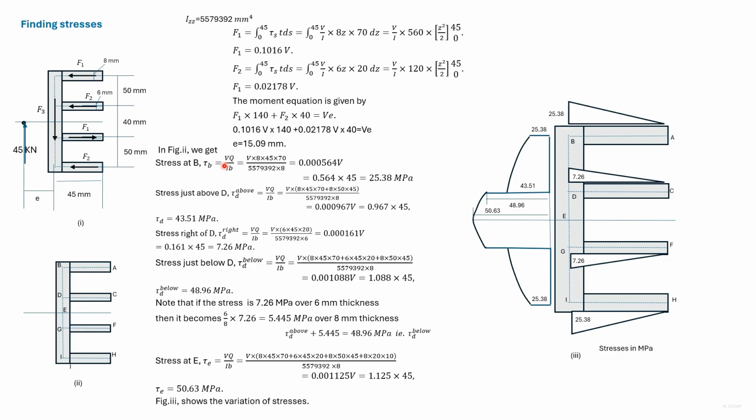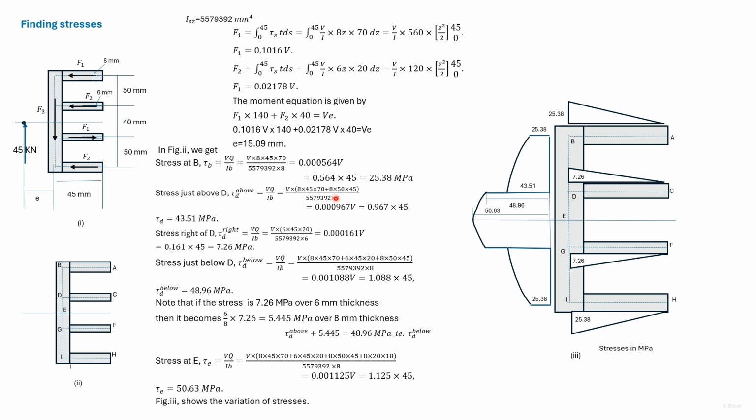Stress at B is given as VQ by Ib. Q here is 8 into 45 into 70. Substituting the other values, we get the stress at B. To get the stress just above D, we use the Q that we have already determined of the horizontal portion and also the Q of this vertical portion.